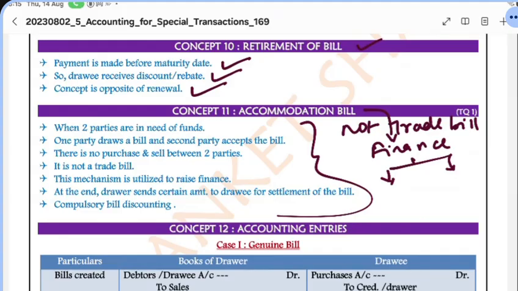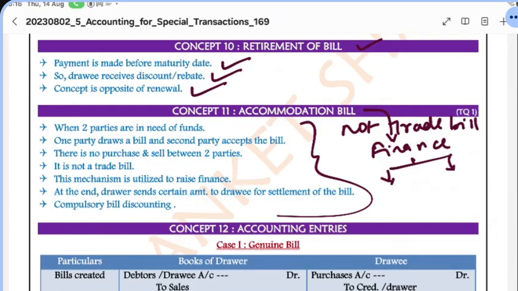I require 2 lakh. Together, we draw a bill for 3 lakh rupees. I will draw, he will accept it. There is nothing, no trade, nothing. He accepts it and sends it to me.